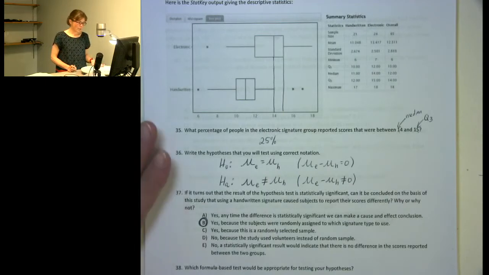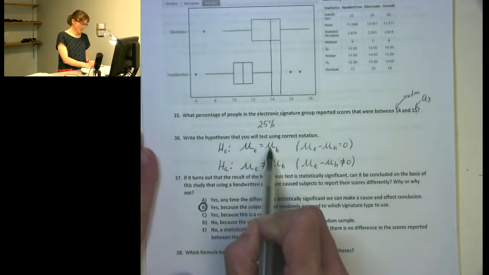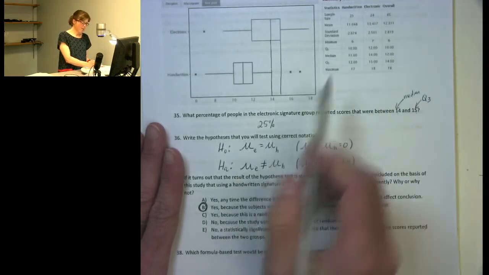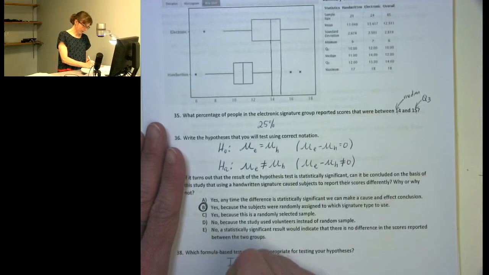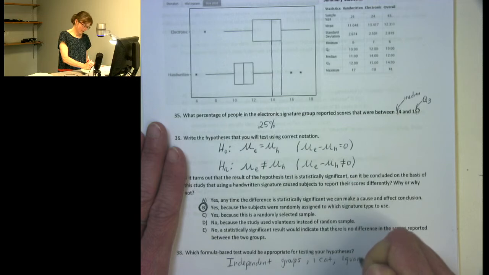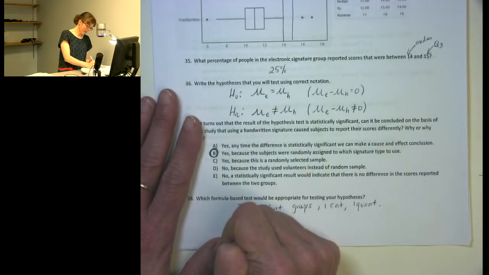Question 38 asks which of the formula-based tests would be appropriate for testing our hypotheses. We've got one categorical and one quantitative variable, and we have two independent groups. So this is a situation where we would focus on a difference in means.